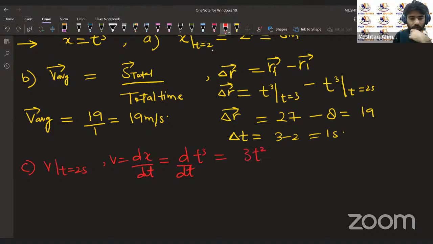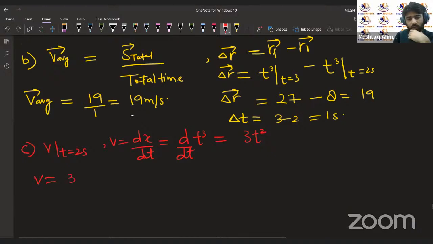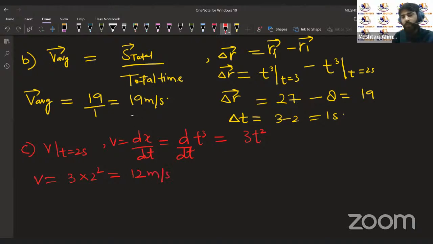But we have to calculate at t equal to 2 seconds, so it will be 3 into 2 square. So it will be 12 meter per second, right? So 12 meter per second is the correct answer for part C.